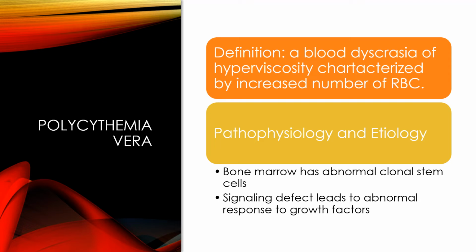There's a signaling defect leading to abnormal response in growth factors, and the abnormal clonal line interferes with the normal lineage of proliferation. Signs seen in the ocular vessels are related to an increase of blood viscosity with slowing of circulation, resulting in hypoxia of the eye. Insufficient oxygenation of retinal tissue may account for the retinal manifestations that we're about to talk about.